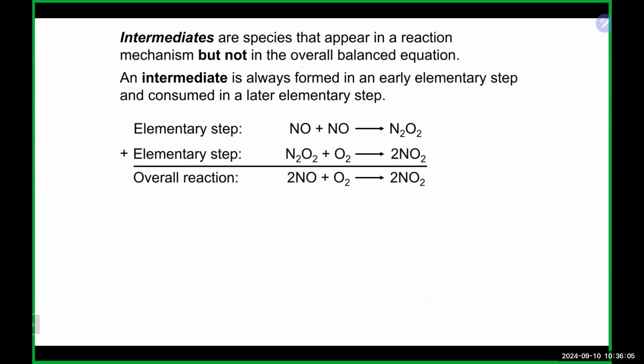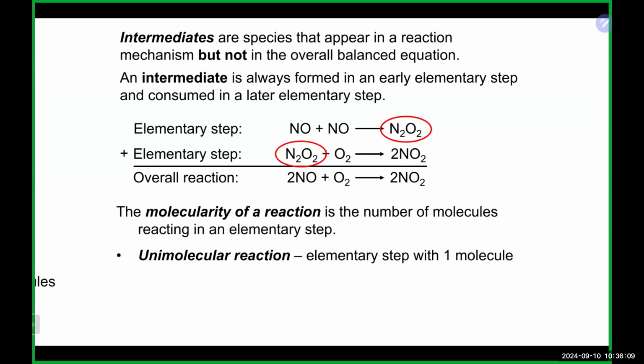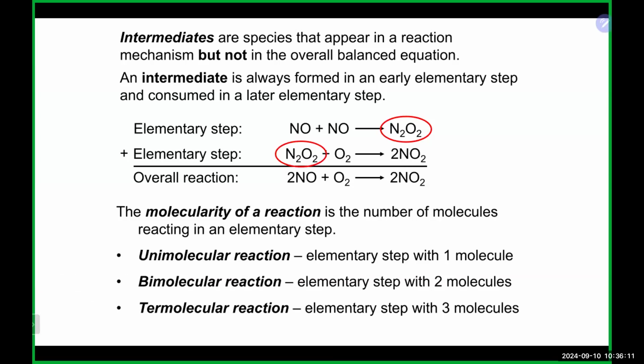Now, as I mentioned before, a really important aspect of an intermediate is basically the definition of it, which is that it does get made early on in the reaction mechanism. But the key thing for something to be an intermediate is it does need to get completely used up by the time the reaction is over, which means you really should never see an intermediate in the overall reaction.